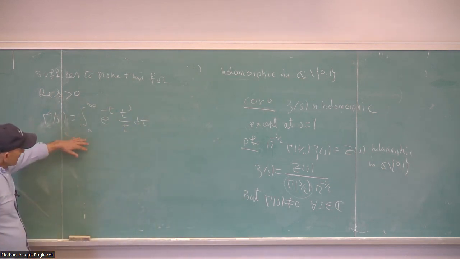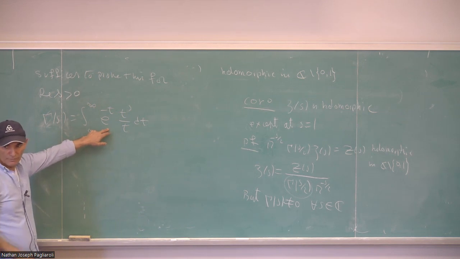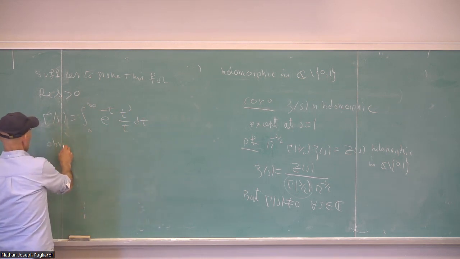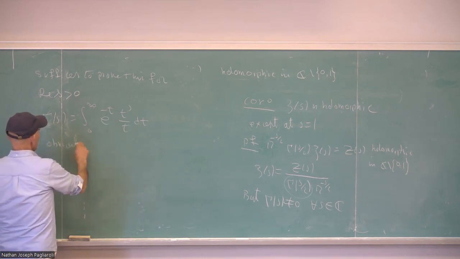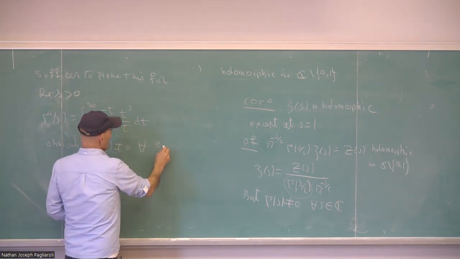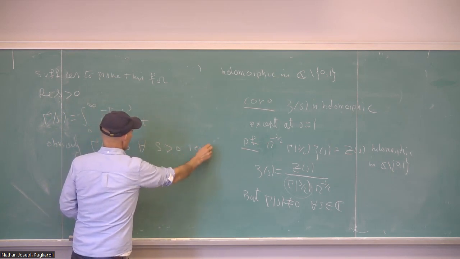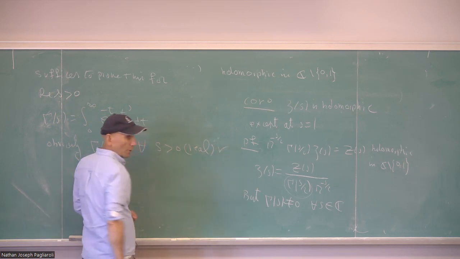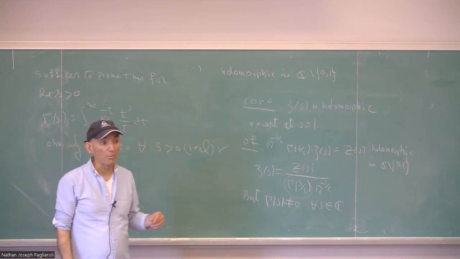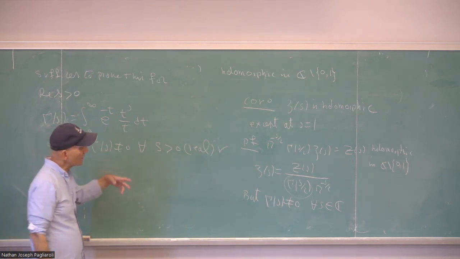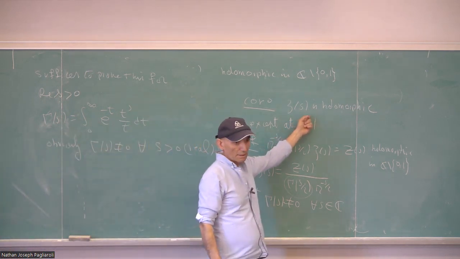Now, you can see that this function has no zeros for s real. This is obvious. Gamma of s is different from 0 for all s positive real. But we need to know that actually gamma is not 0 anywhere else. That's very, very important. Otherwise, I cannot say that zeta is holomorphic.